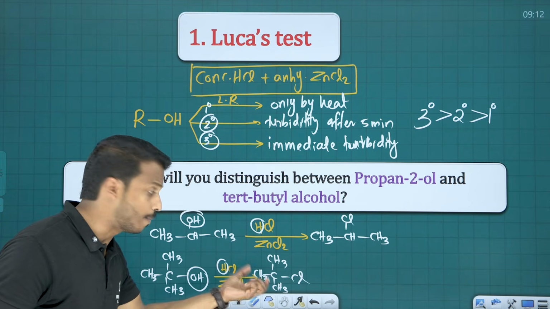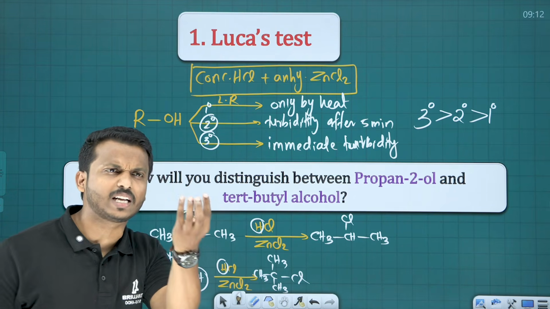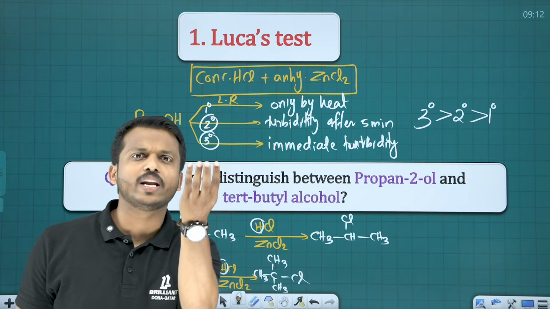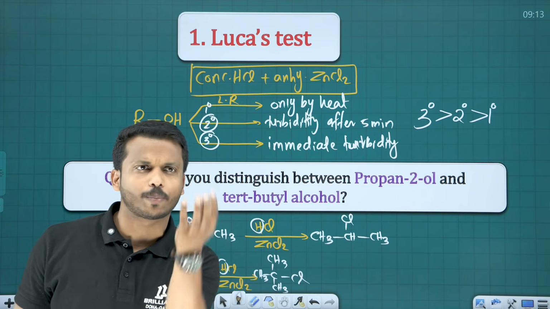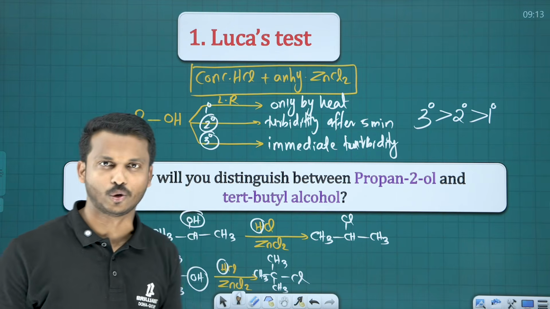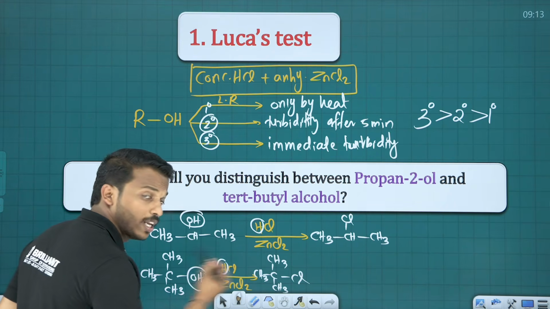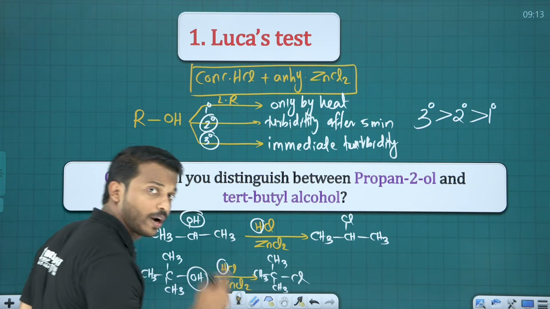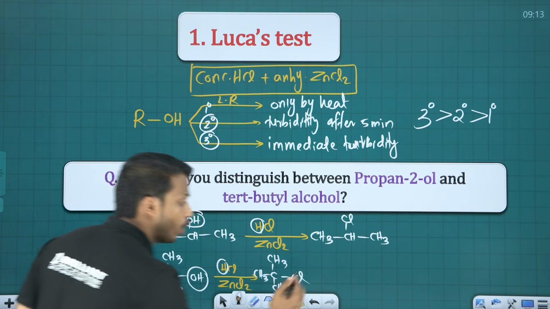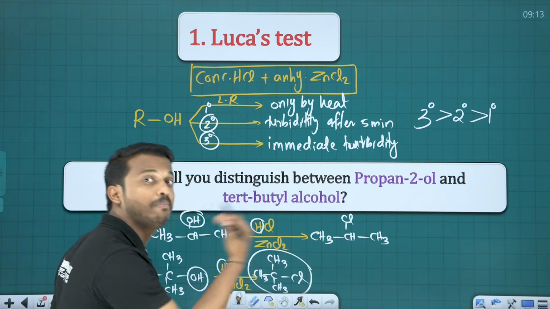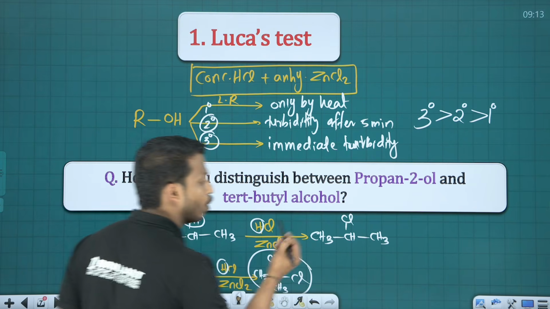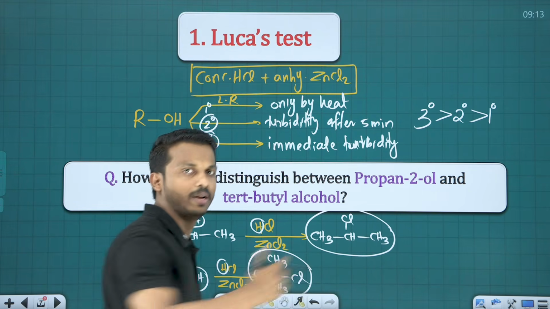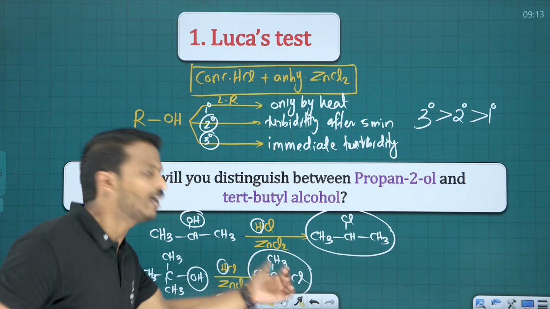The turbidity is a cloudy nature, white, not a precipitate, the entire solution is cloudy. Both give product, but the tertiary alcohol gives turbidity immediately, but the secondary alcohol gives turbidity only after 5 minutes because it is less reactive than tertiary.